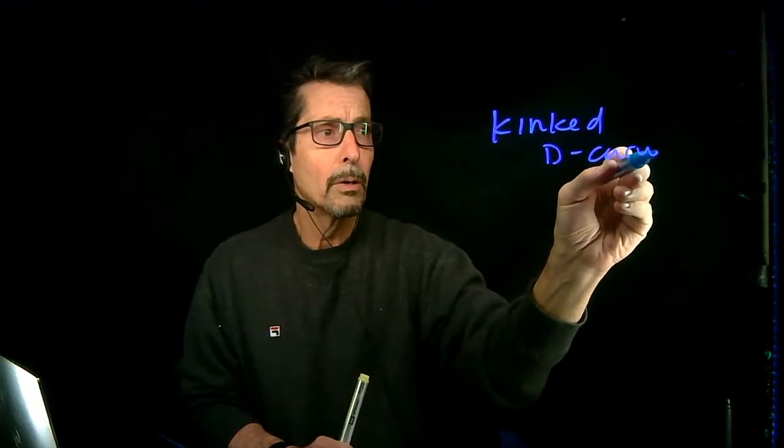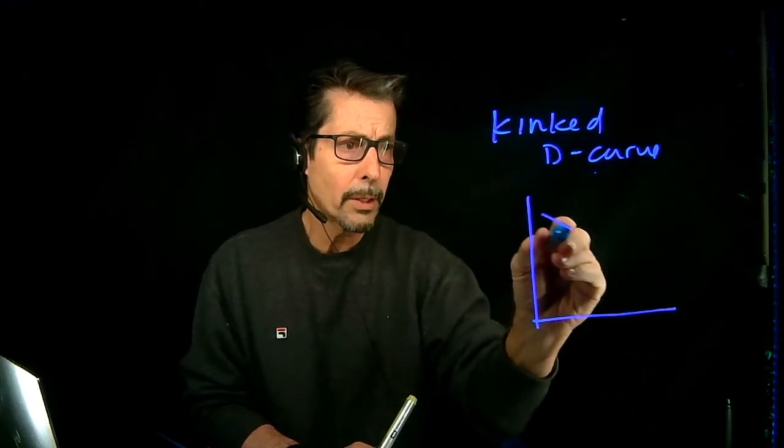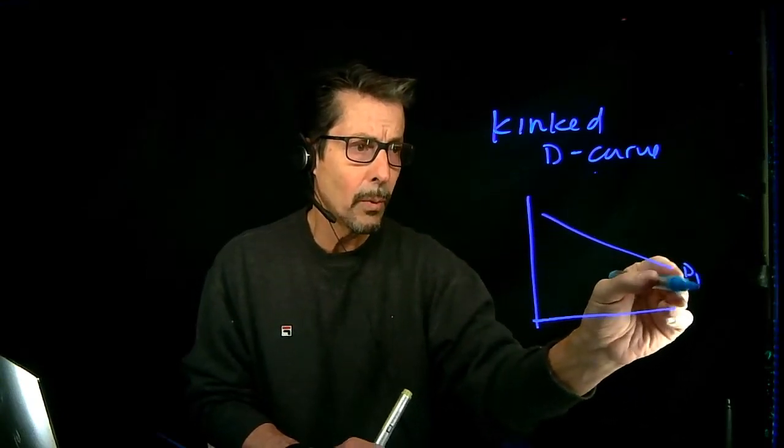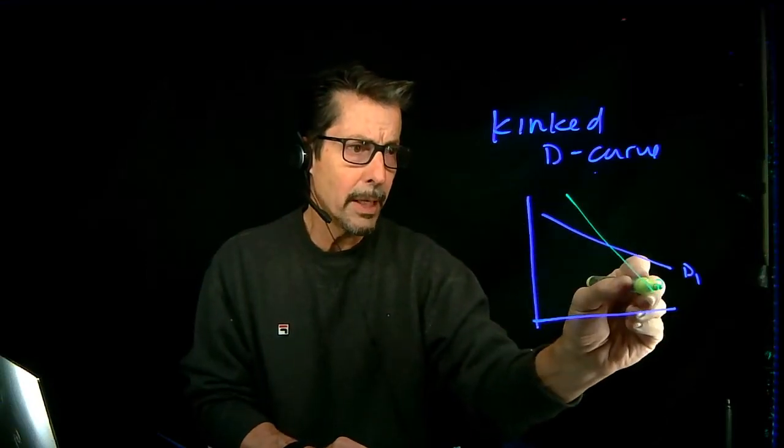Another topic we're going to be covering is the kinked demand curve. Basically, I want you to understand that we've got one curve that looks like this, that's D1, and another curve that looks like this, D2.